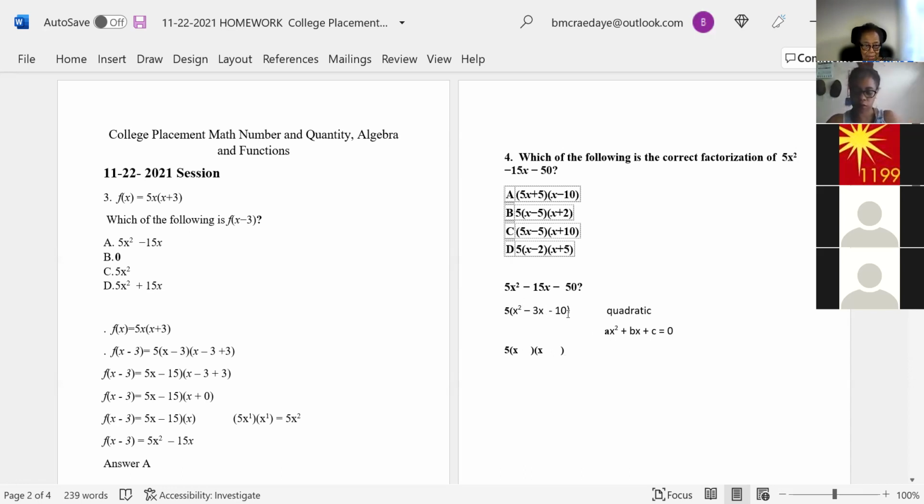That's our quadratic, and it has two factors, and I'm putting them here as x and x. Now we've got to put what goes in the parentheses. Think of two numbers that you multiply to get minus 10, and you add the two numbers to get a minus 3.